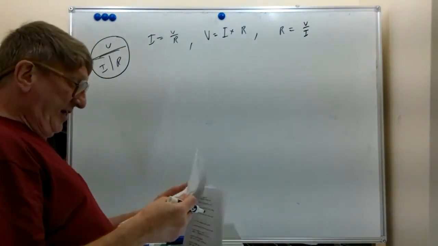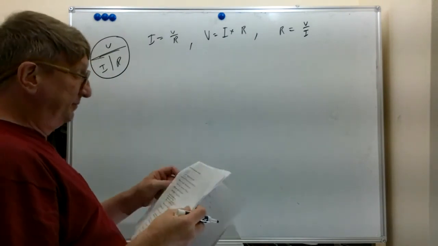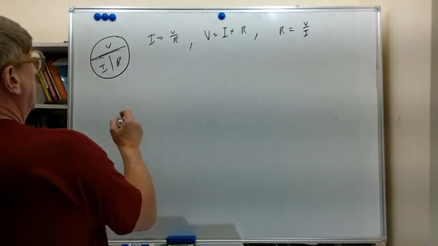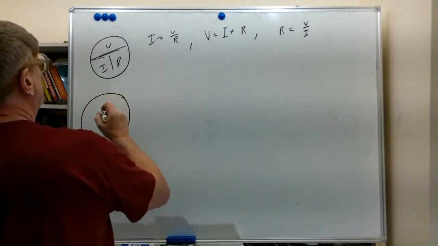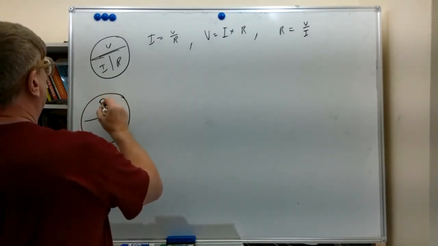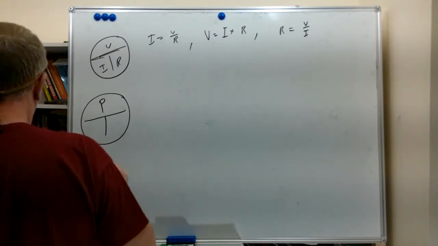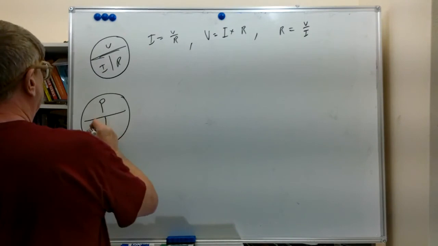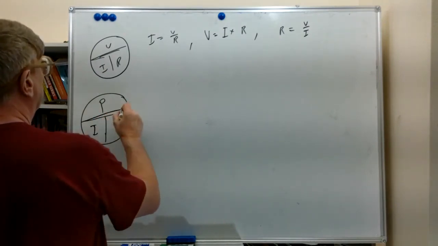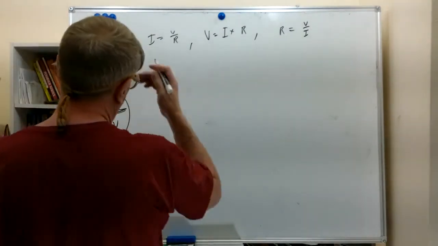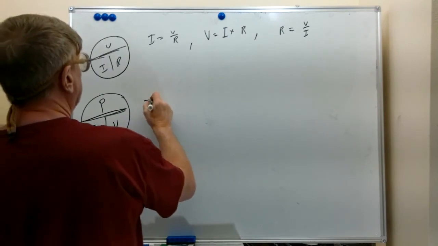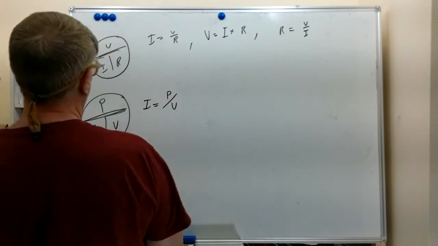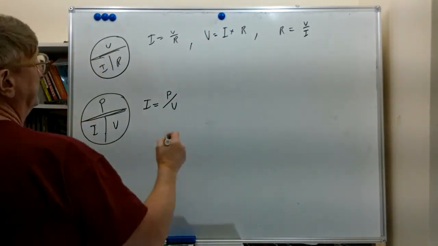And we're going to do kind of the same thing with our power stuff here. I'm going to draw kind of a power formula. Remember, power, current, voltage. So current equals power divided by voltage, which we got by doing that.